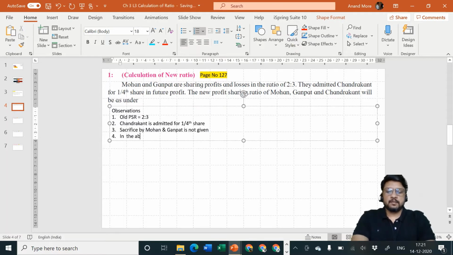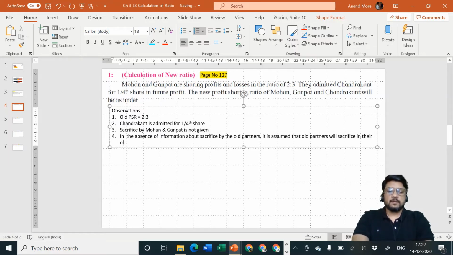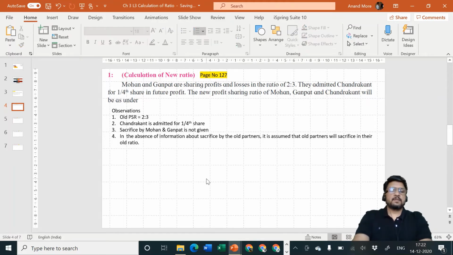In the absence of information about sacrifice by the old partners, it is assumed that old partners will sacrifice in their old ratio. Old partners will sacrifice in their old ratio.